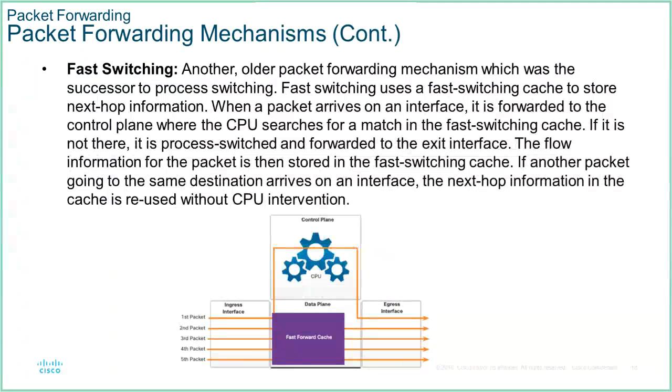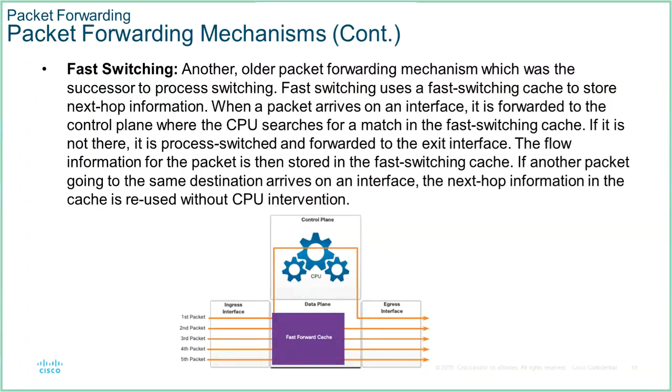It then adds an entry into the fast forward cache saying if it's coming from this source going to this destination, this is the exit interface. Don't need to go through the whole process again. So it basically reuses that calculation by using this forwarding cache.